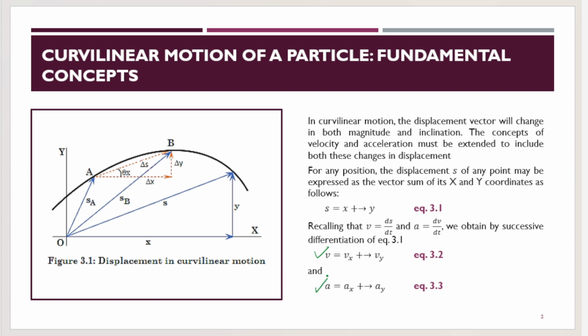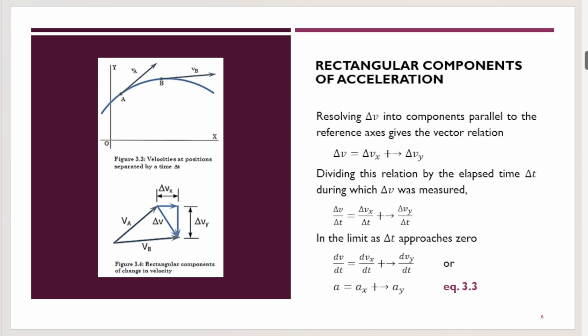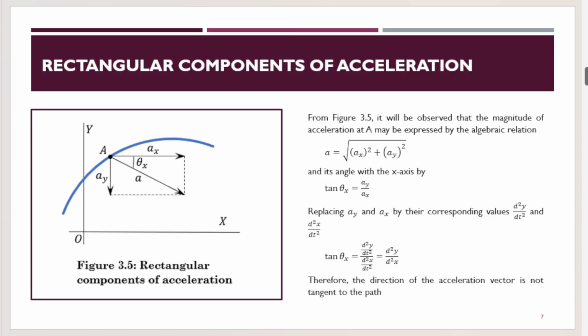So we have shown where we are going to use the concept to find the value of the acceleration. From that, we could also get the acceleration from the Pythagorean theorem.